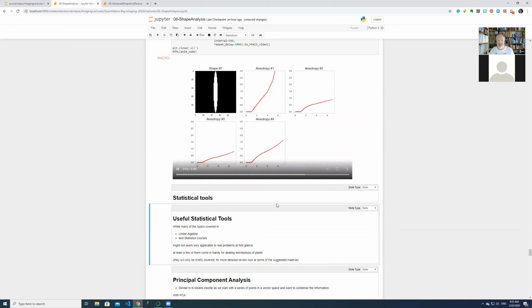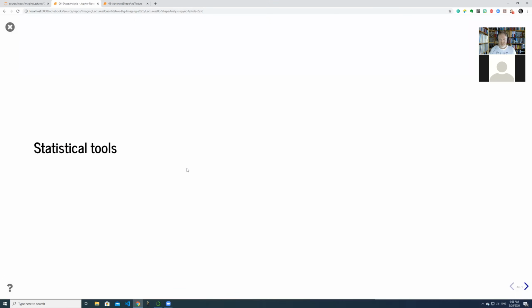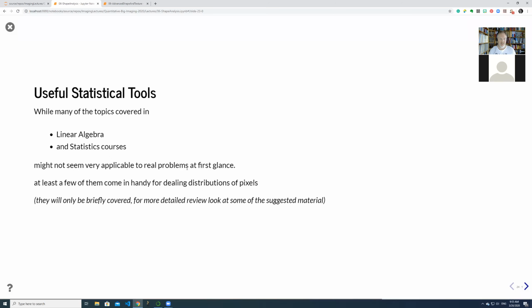So let's go on to some other tools that we can use. Statistical tools, what we can do with statistics. In principle, what we're going into now is a combination of two very interesting things from linear algebra and statistics.